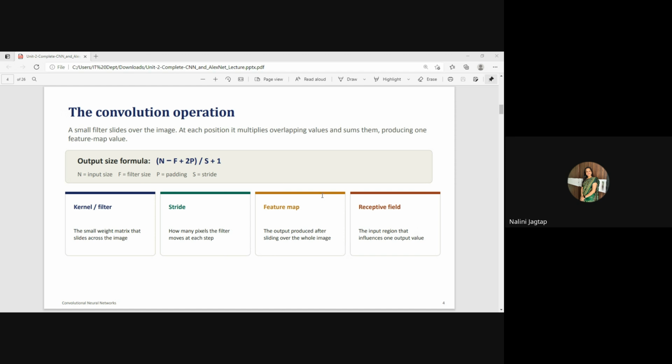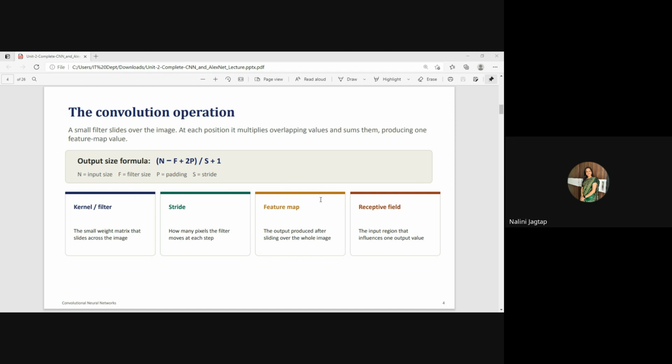Now let's build a real intuition for what this multiply and sum operation is actually doing mathematically and conceptually. Each filter is essentially asking one specific question at every location in the image: how much does this small patch of image sitting under me right now resemble the pattern I am looking for? The filter's weights are that pattern.